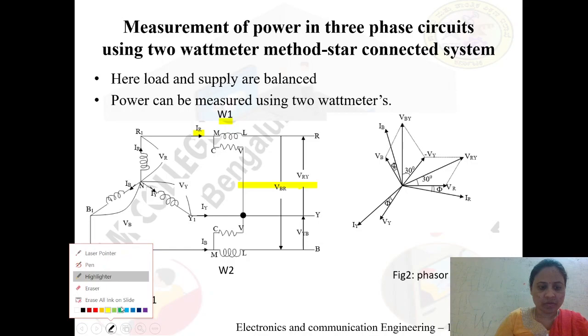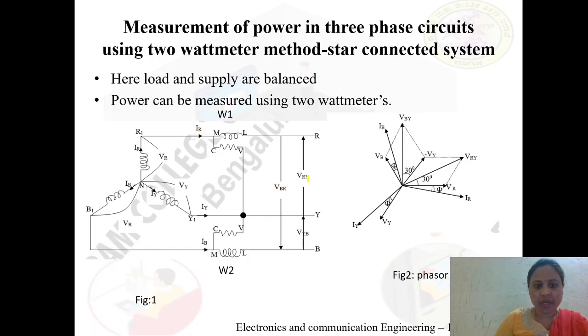Okay, now what is the angle between IR and VRY? We can measure it from this phasor diagram. We know that between each pair of phase voltages the phase shift is 120 degrees. From VR to Vy it is 120, and from VR to minus Vy it is 60 degrees.